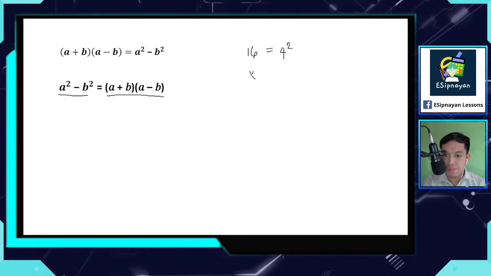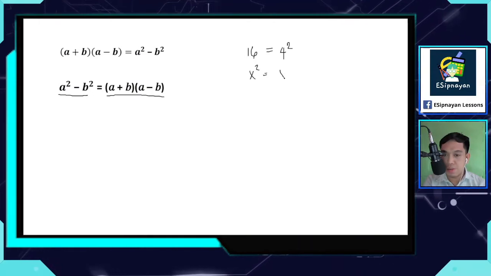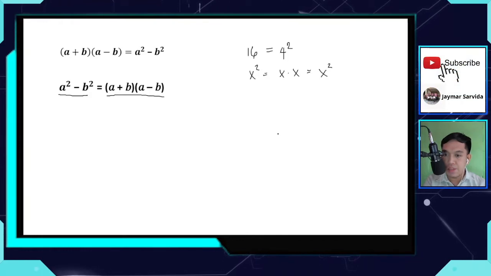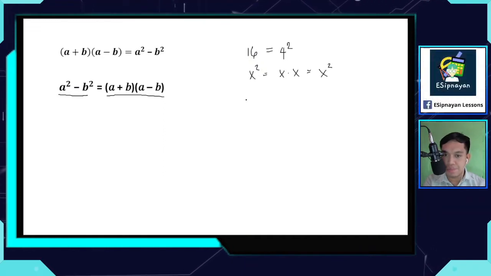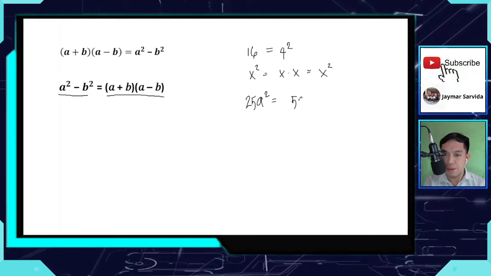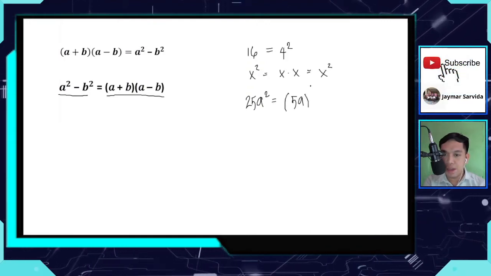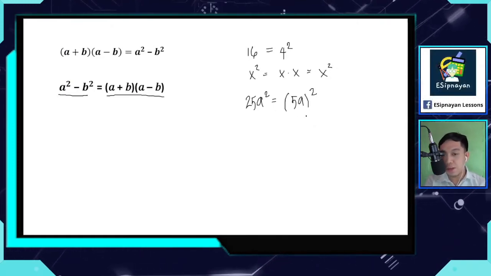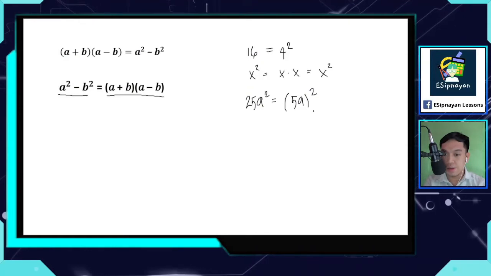X squared is equal to x times x. Then next is what about 25a squared? Yung 25a squared natin ay equal to the quantity of 5a squared.